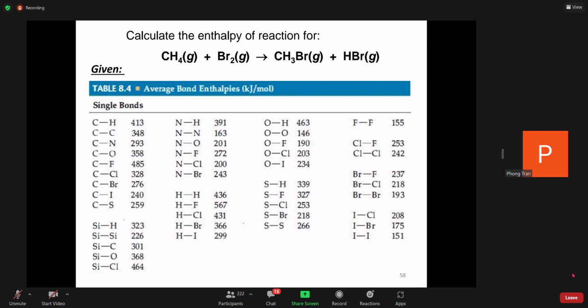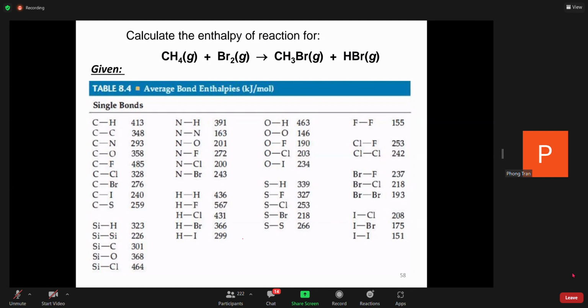So basically, first you look at the reactant. You have a carbon-hydrogen bond here. You have bromine here as a reactant.